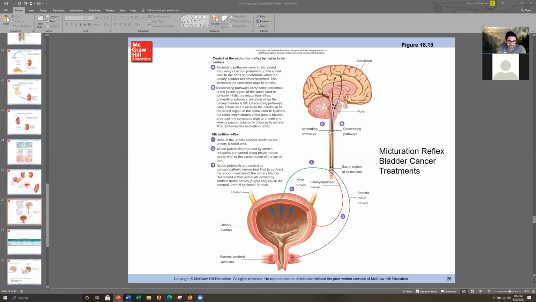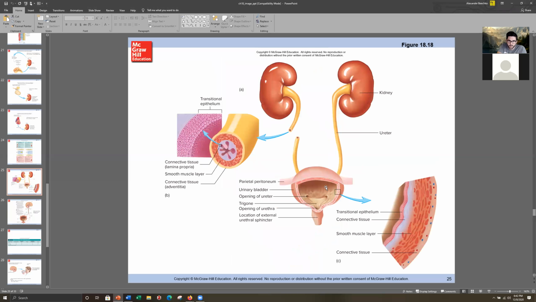And so I guess just as I'm thinking about it, one really quick thing with the ureter here, one of the reasons why it's important to void the bladder if you have a very full bladder is the urine can actually back up into the kidney and cause kidney failure.